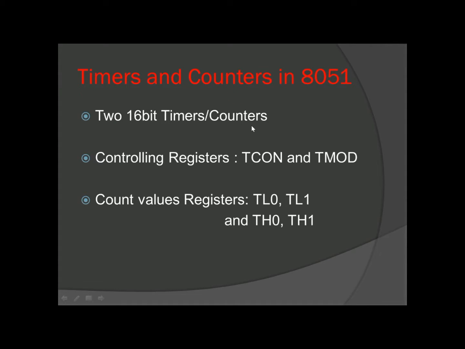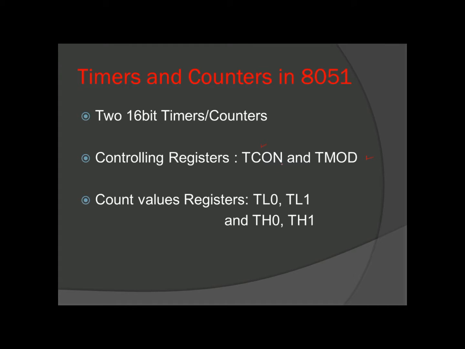In 8051, we have two 16-bit timers or counters, and those are controlled by two registers called TCON and TMOD, where TCON is the timer control register and TMOD is the timer mode register.